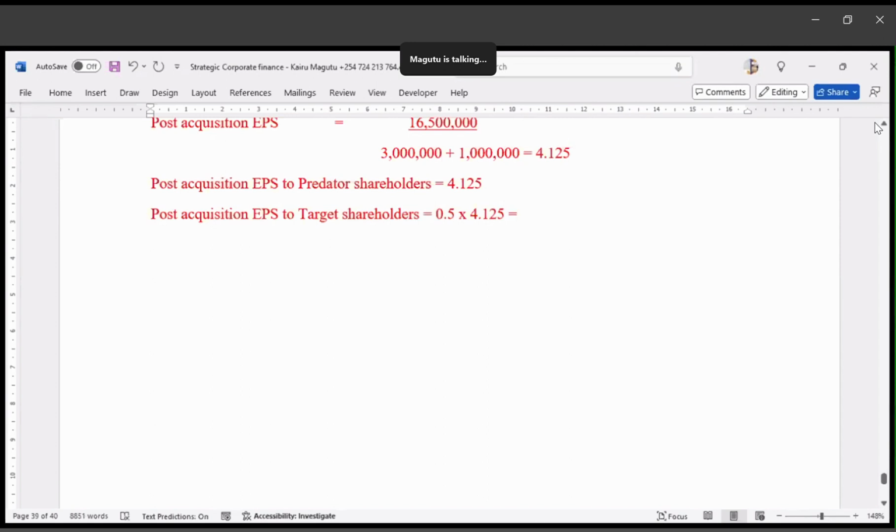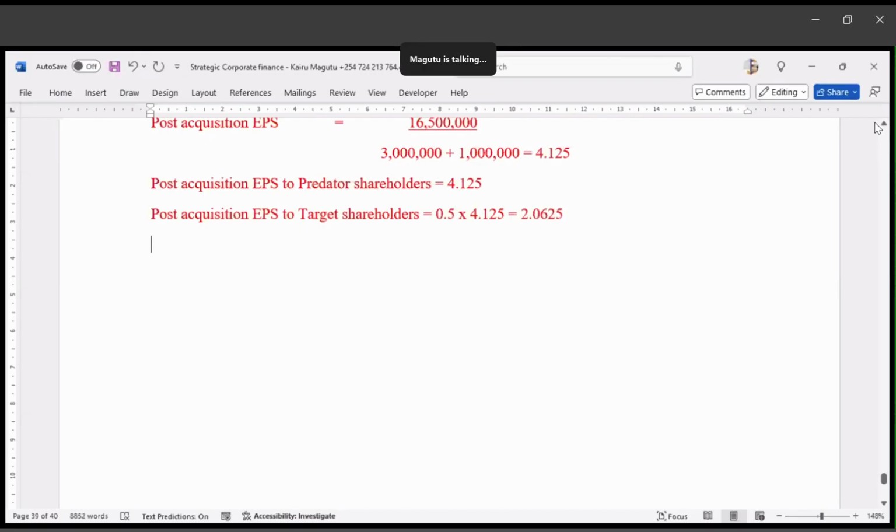How much is 0.5 times 4.125, please? How much? 2.0625.